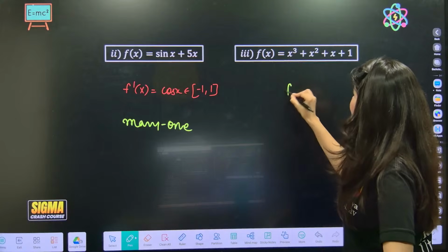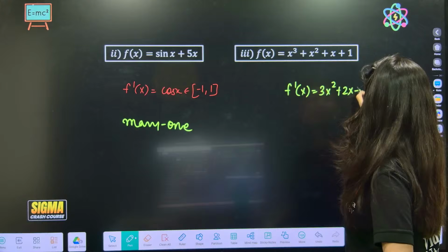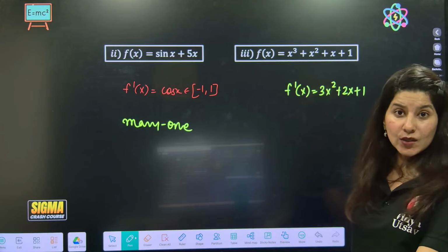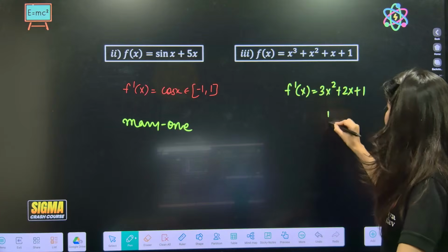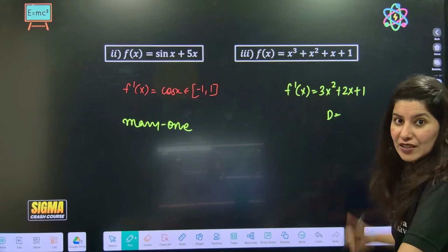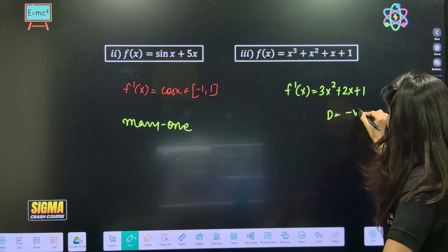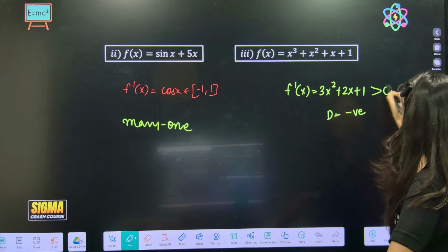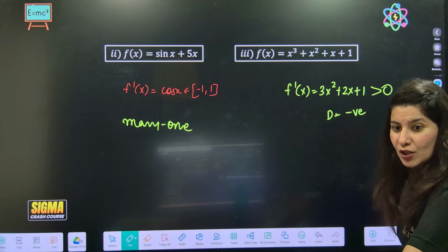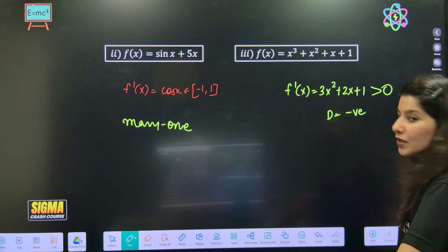Now f dash x is 3x square plus 2x plus 1. This is a quadratic. Now we need to check whether it is positive or negative. Discriminant will tell me, method of intervals will tell me. So b square minus 4ac, clearly the discriminant is negative. Discriminant negative means the quadratic is always positive. Do you remember ghost polynomial?